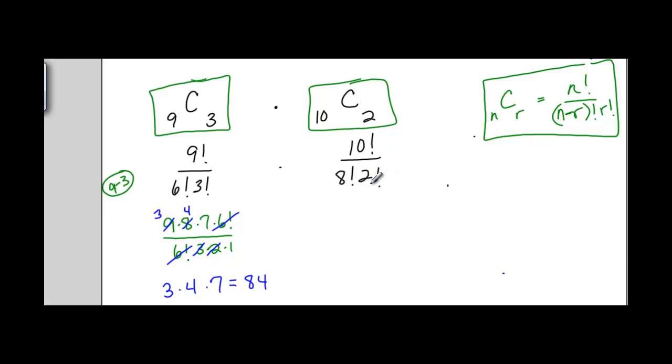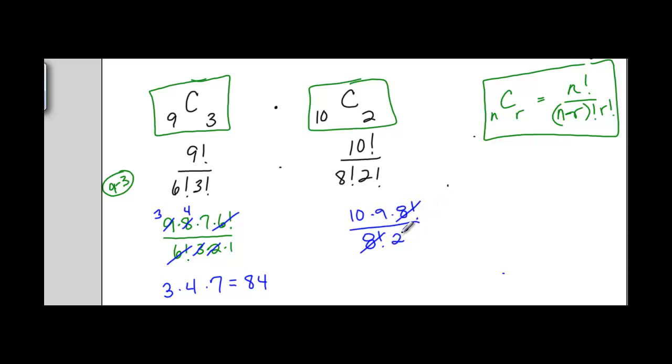And now let's simplify the other combination, which would be 10 factorial. We'll rewrite it as 10 times 9 times 8, and I'm going to stop at 8 and leave that as 8 factorial, since I have the 8 factorial in the denominator. And then 2 factorial is 2 times 1. I can cancel out 8 factorial from the numerator and denominator.